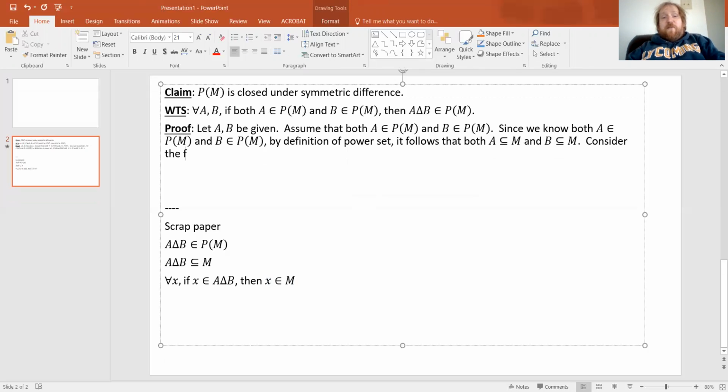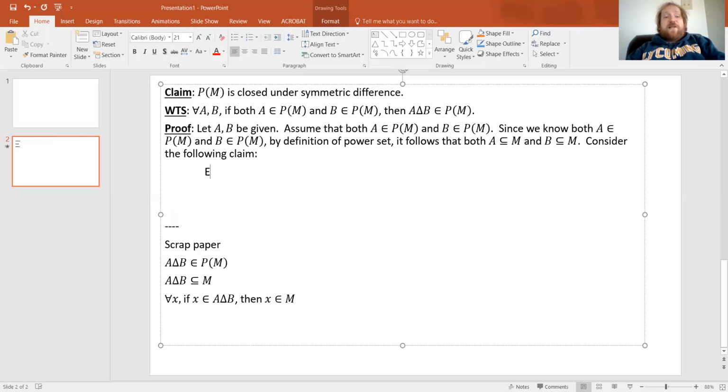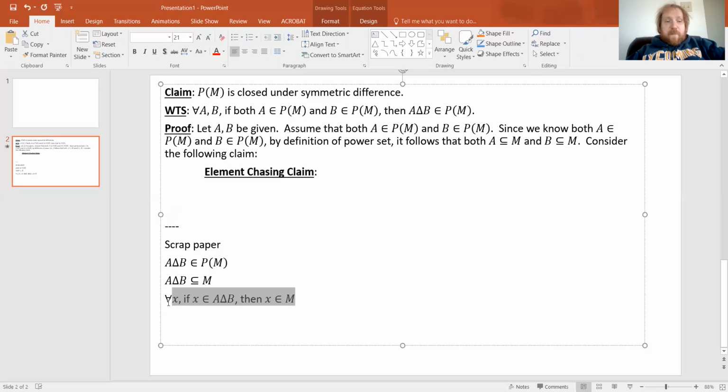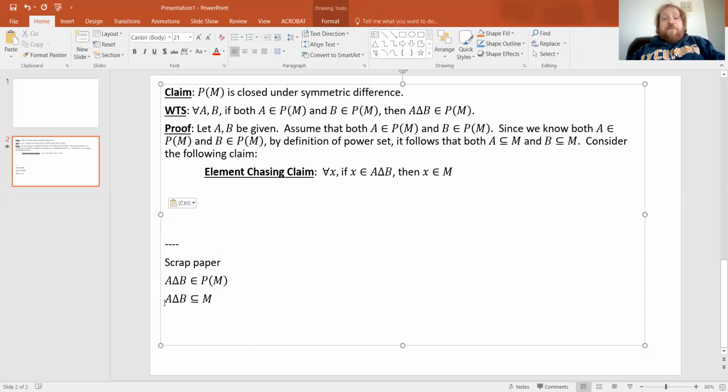So consider the following claim. I'm going to go into an element chasing claim. My element chasing claim is for every X, if X is a member of the symmetric difference of A and B, then X is a member of M.